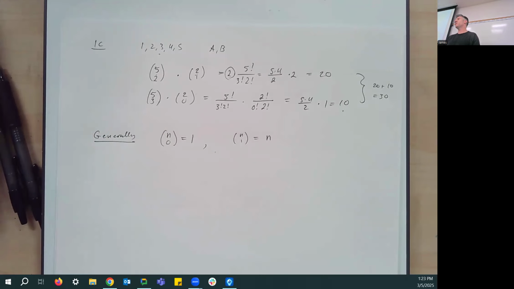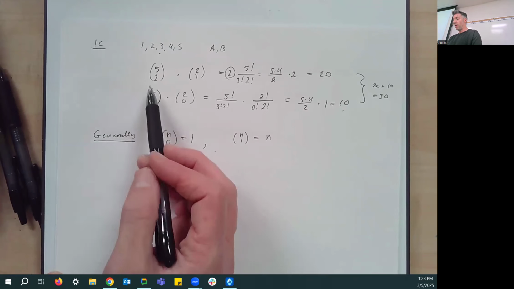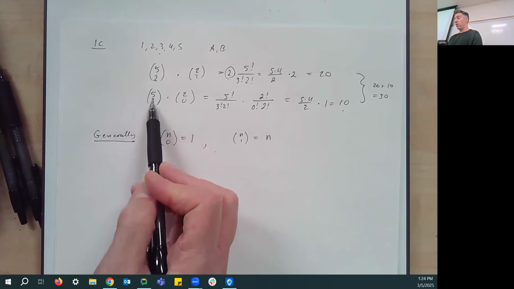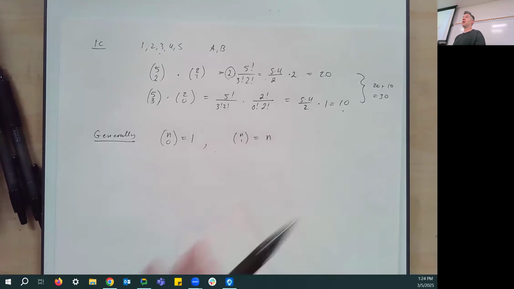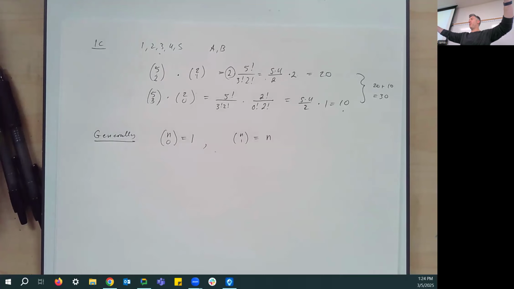And then there's also a nice symmetry property. You actually are seeing it right here. 5 choose 2 and 5 choose 3 are both equal to 10. That's 10, that's 10. Because the number of ways of picking 2 of my fingers is exactly equal to the number of ways of not picking 3 of my fingers.